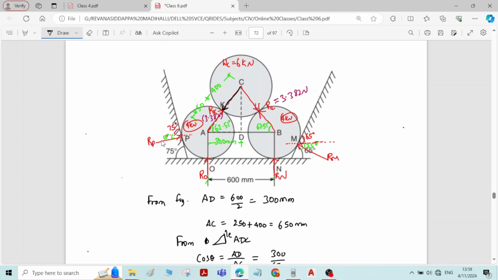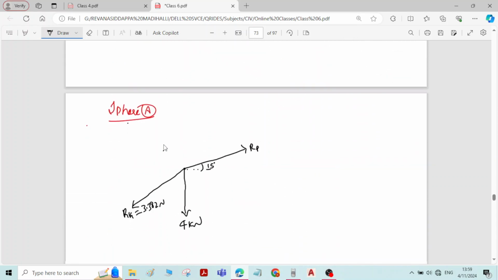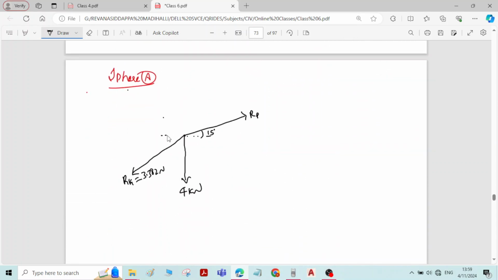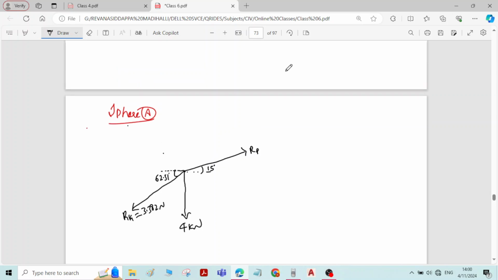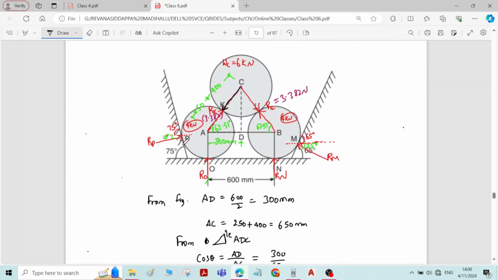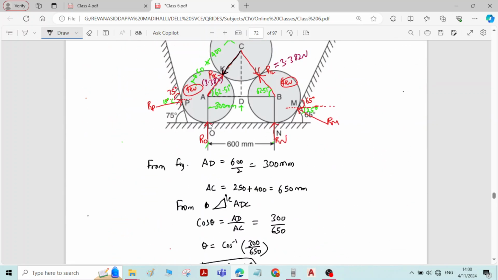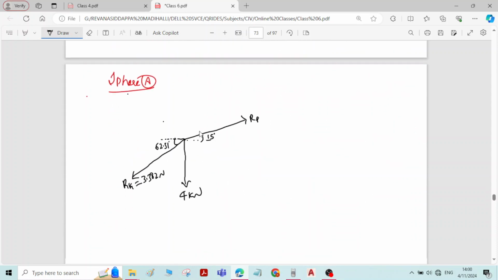And horizontal inclination of RK is 62.51 degree. Okay. And there is reaction at contact surface O, which is acting in upward direction, RO.